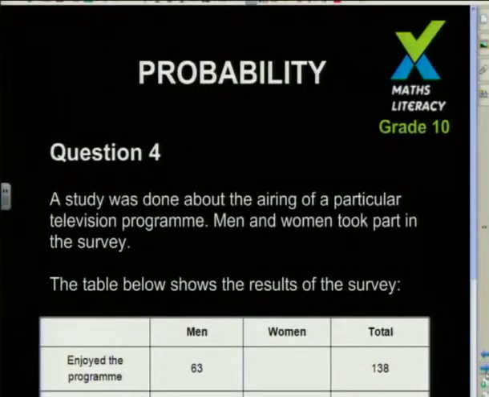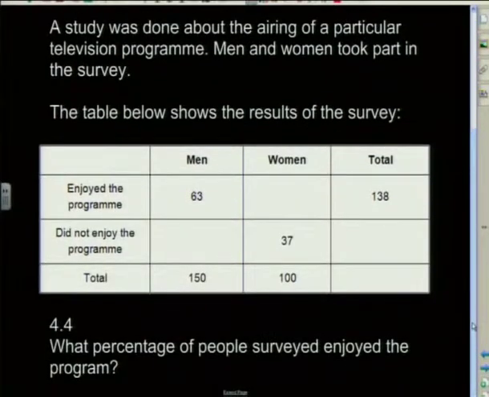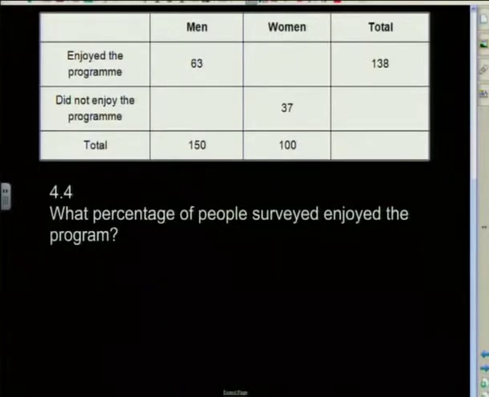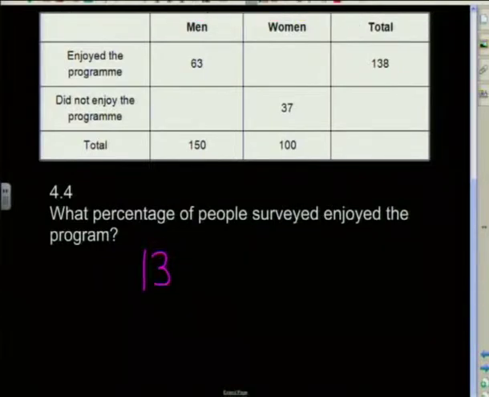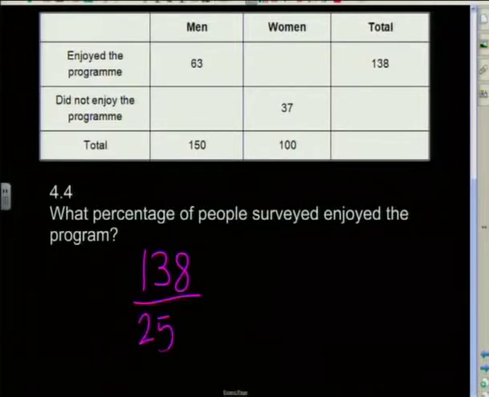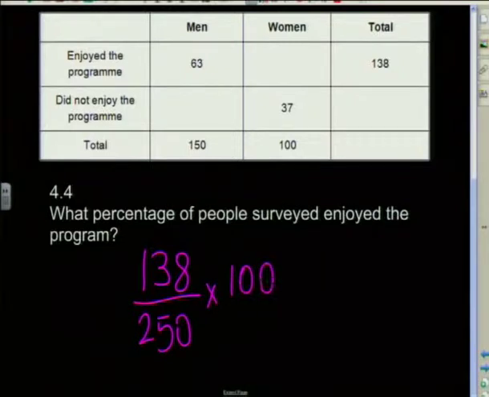There's the next part of our question. What percentage of people surveyed enjoyed the program? Well, I'm going to say enjoyed the program. We're going to look at that total. So this is, again, like a probability. It is people that enjoyed the program out of the total possible people that were surveyed, and we're going to times that by 100.